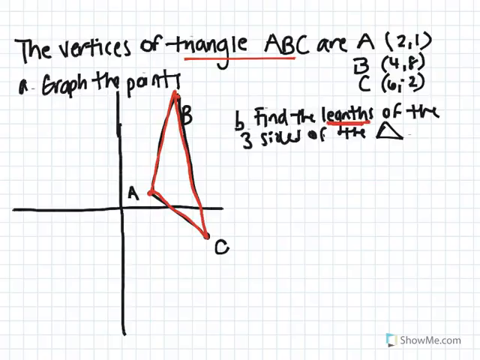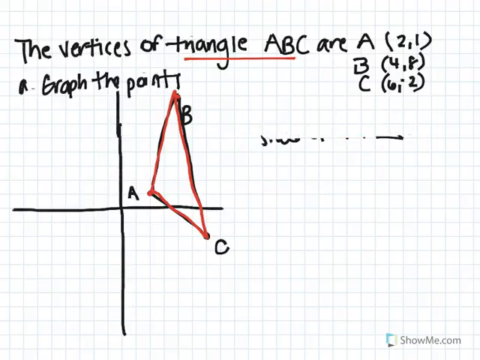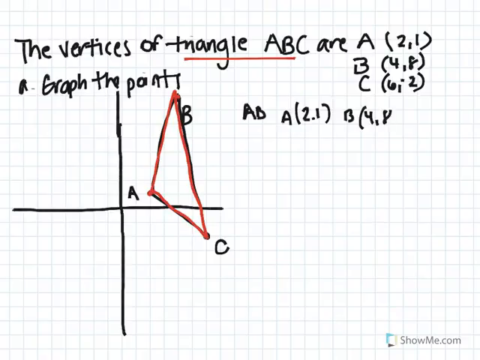I'm going to erase this so I can have some extra room. All right, so first I'm going to find the length of AB. A is (2, 1). B is (4, 8). I'm going to do x1, y1, x2, y2, and I'm going to plug it into the distance formula.